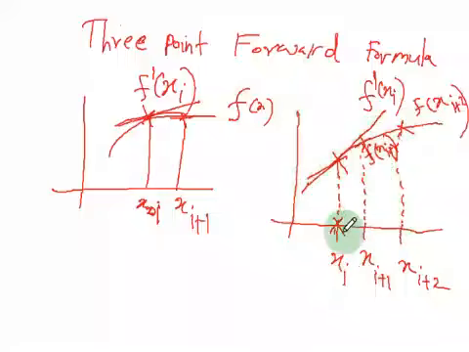So let's find the polynomial. P of x is the Lagrange polynomial of these 3 data points. So what is the Lagrange polynomial?